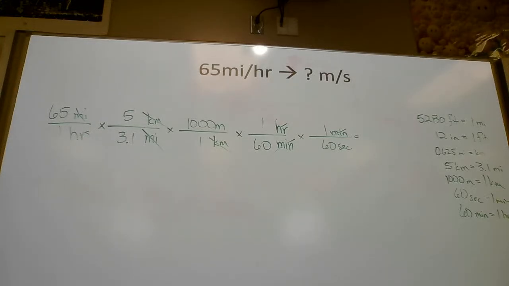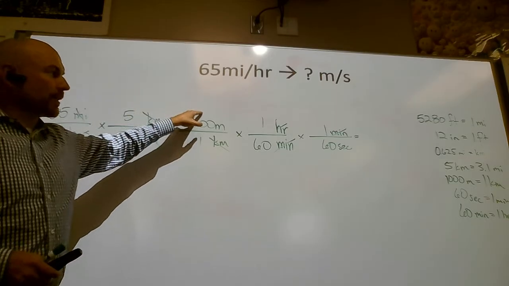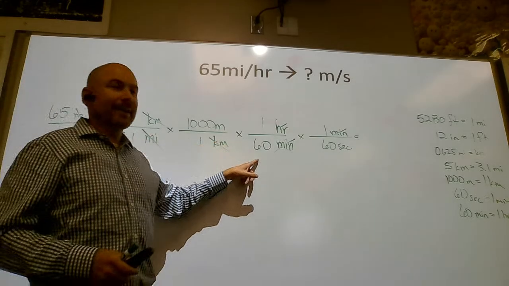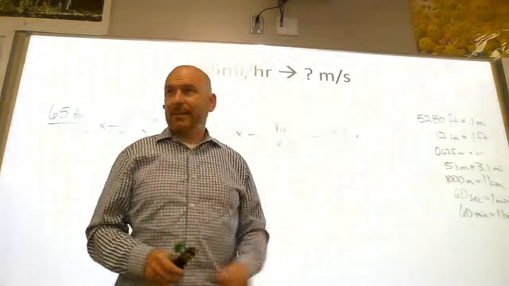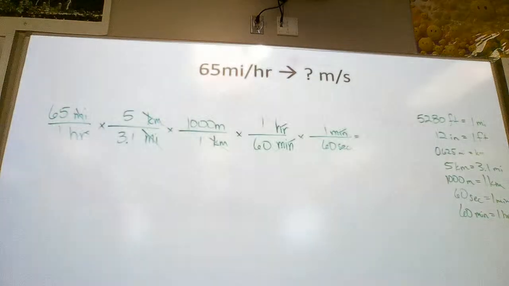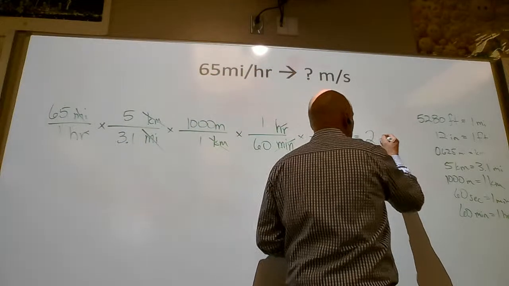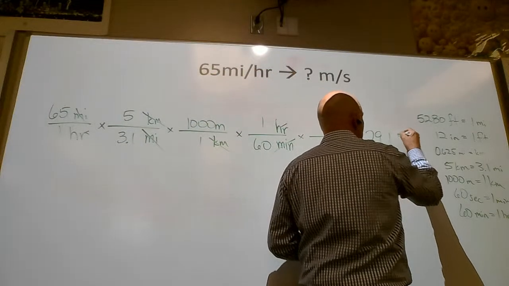Okay. And now, where am I at, unit-wise? Meters per second. So, what I want to do mathematically is take 65 times 5 times 1,000 divided by 3.1 divided by 60 divided by 60. Okay. And I'm going to get 29.1 meters per second.